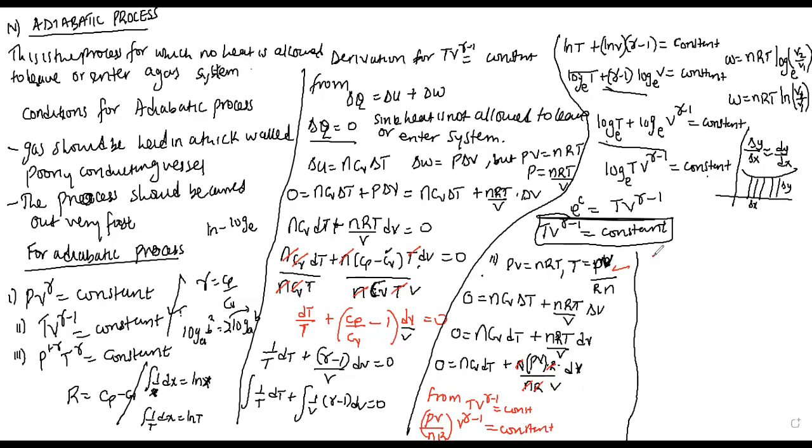But when you look at this, you'll have P times V to the power 1 plus gamma minus 1. This one dies with this one by subtraction, over nR, and this is equal to a constant.